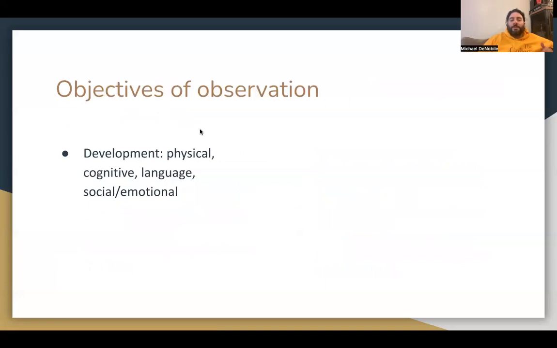Yes, some of the objectives of observation include, specifically, development: physical, cognitive, language, and social emotional development. So it makes a lot of sense that in early childhood education, observation happens a lot, and it's really effective there. But it's also important at the higher levels. Here's an example.